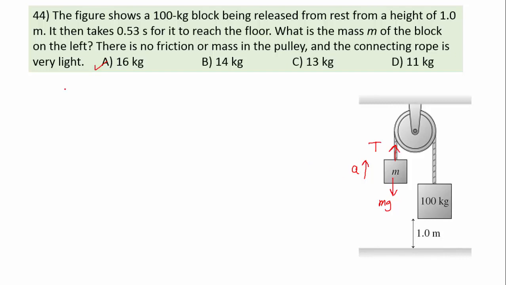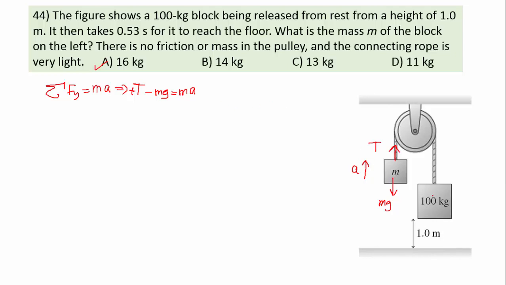So now if we apply Newton's law in the y direction on m, the left hand side of the equation will be positive T minus mg equal to ma. Okay, and you can see we cannot solve for m here because T is unknown and a is unknown. Of course g is 9.8, so we don't have a problem with g, but we have three unknowns actually: the mass, the tension, and the acceleration.